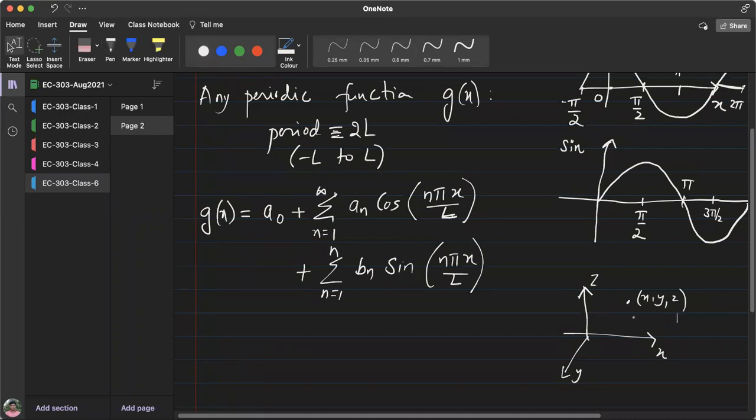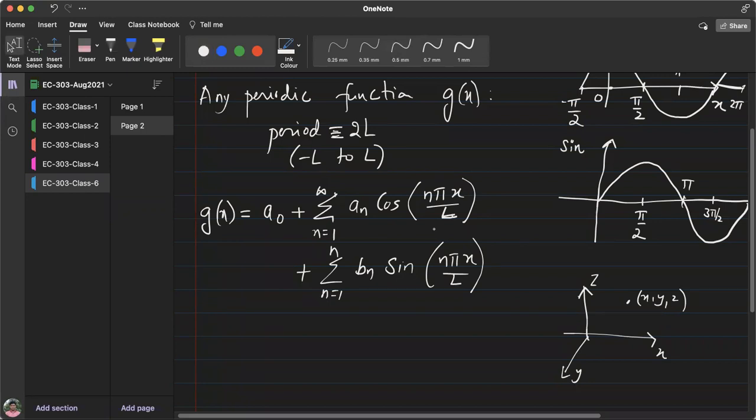Now, instead of points, think of functions. Just like there are three independent directions from which you can construct any coordinate in a three-dimensional world, if you think of function space, any function can be constructed from a combination of various sines and cosines, except that unlike the finite number of three axes, here what you need are actually an infinitely large number of sines and cosines.